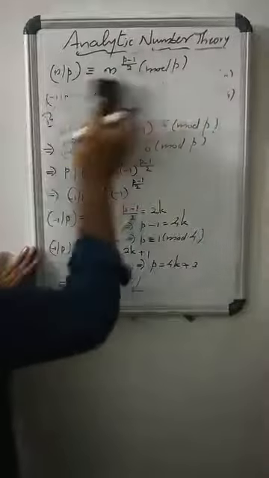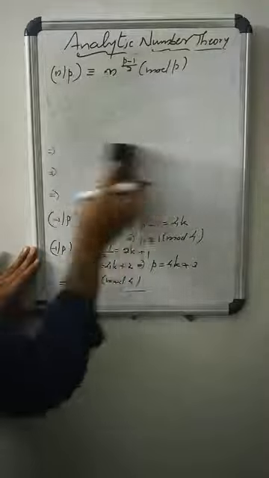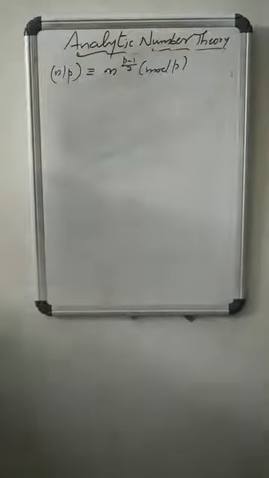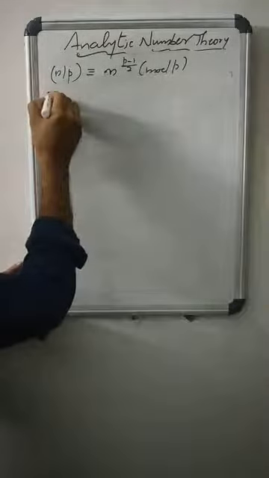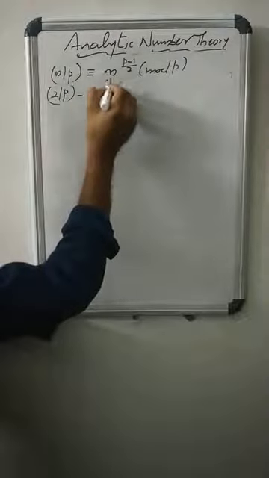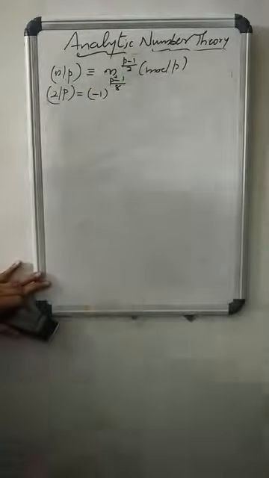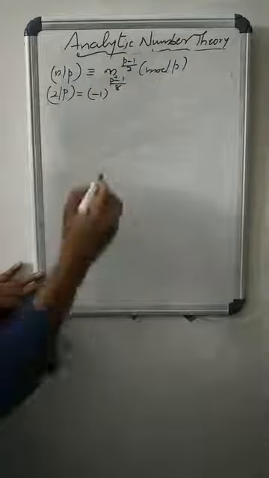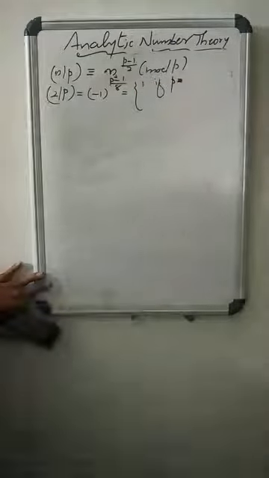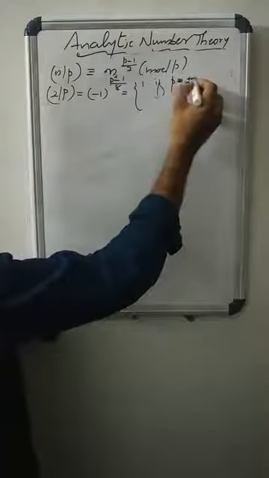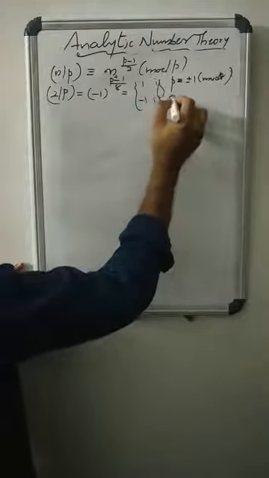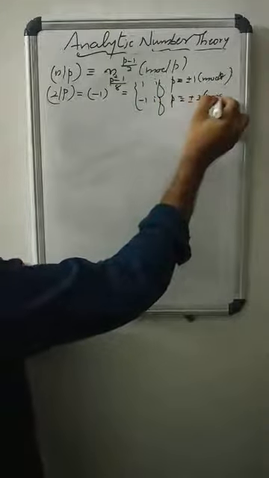Now, by using this Euler's criterion, we try to evaluate (2/p). So the result is: prove that (2/p) equals (-1)^((p²-1)/8), that equals 1 provided p is congruent to ±1 mod 8, and -1 provided p is congruent to ±3 mod 8.